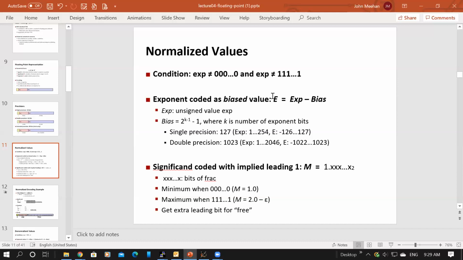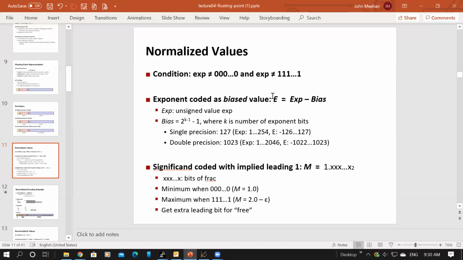We store it as exp minus the bias is equal to the e that we want to represent, right? Now, what is the bias value?